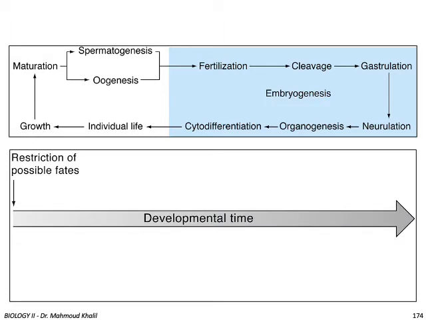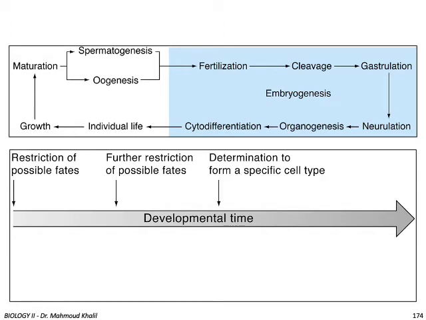Developmental time for a cell to become a specific cell type is accompanied by restriction of other possible fates for the cell, then further restriction of possible fates, then determination of a specific cell type, then a fully functional cell is formed.